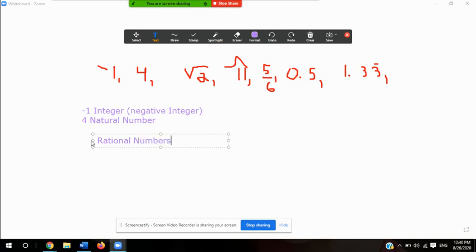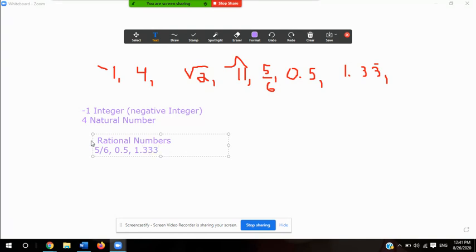So our rational numbers in this case would be 5/6, 0.5 because it's a terminating decimal, and 1.33 because it has a repeating decimal.